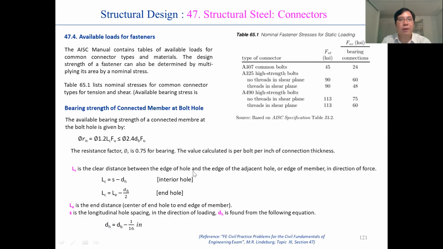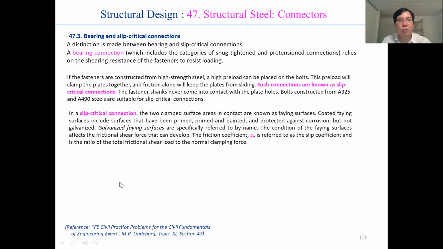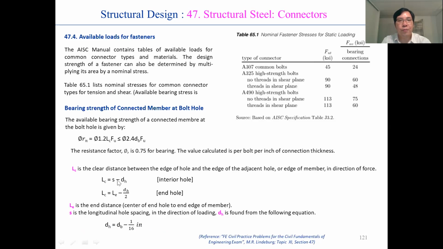And this part shows the bearing strength of the connected member at bolt holes. So you can see different equations for the bearing strengths of connected members at bolt holes.